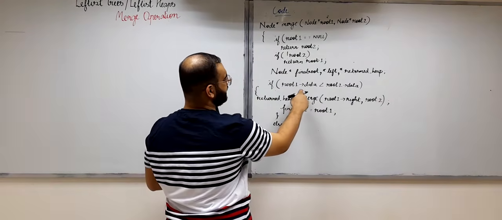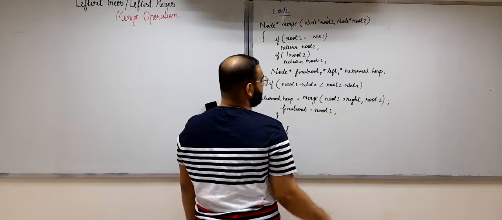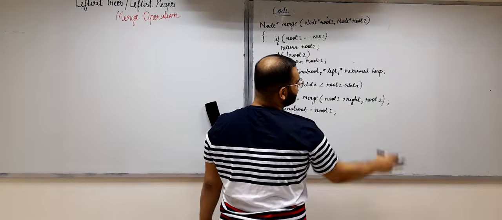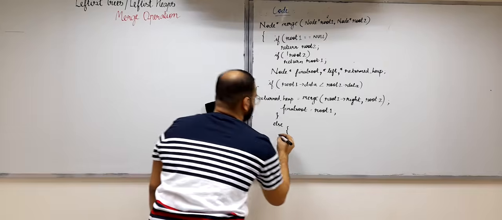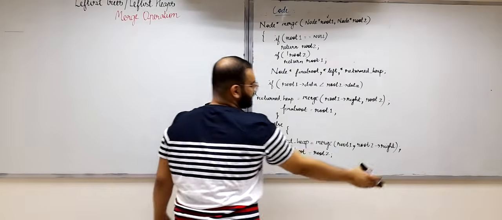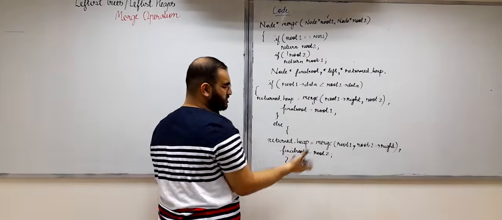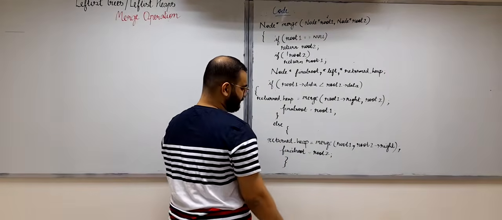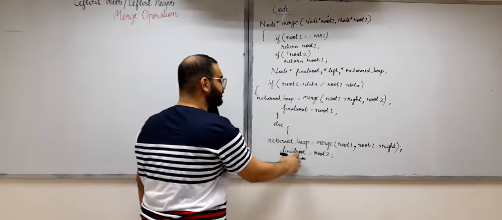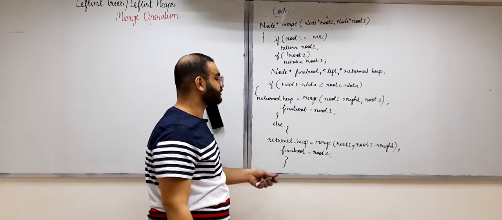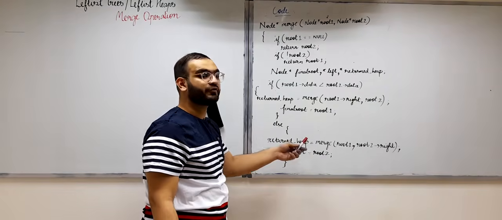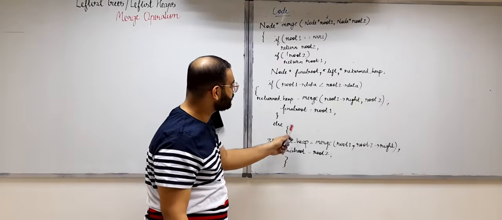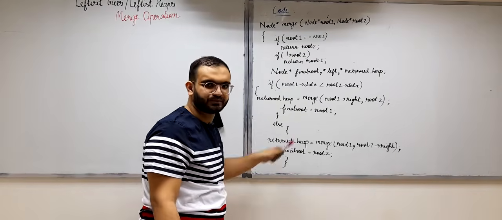Else the next condition will be symmetric, where rather than passing the right subtree of root 1, we will pass the right subtree of root 2. That recursive call will also return a merged heap between these two things, and we will store it in returned heap. The merged heap that we will actually return from here will have as its root the root of heap 2. Why? Because heap 2 has a smaller value in this condition, right?